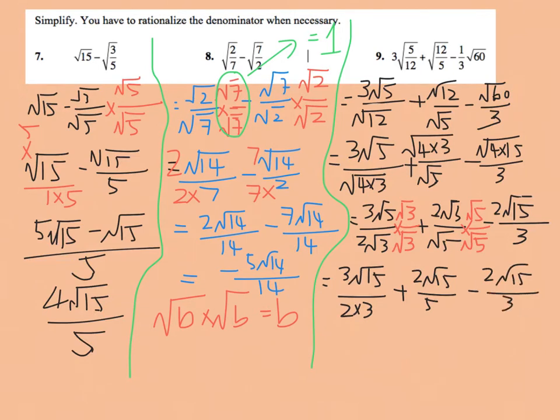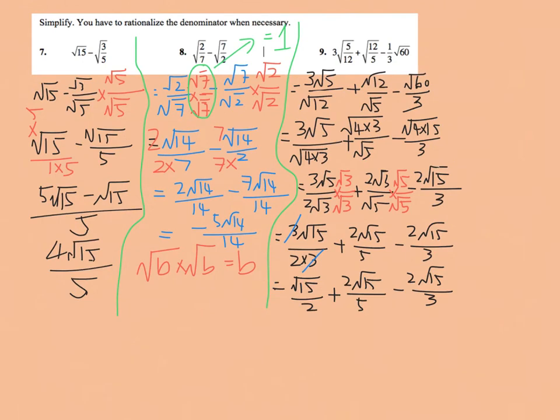We can simplify the first term by dividing the numerator and denominator by 3. So you end up with root 15 over 2 plus 2 root 15 over 5 minus 2 root 15 over 3. And you want to combine the three fractions now.